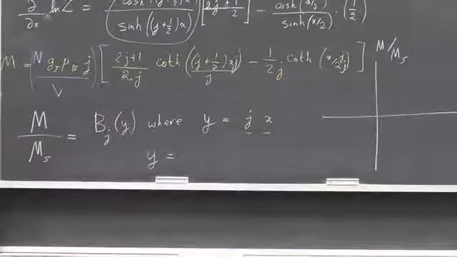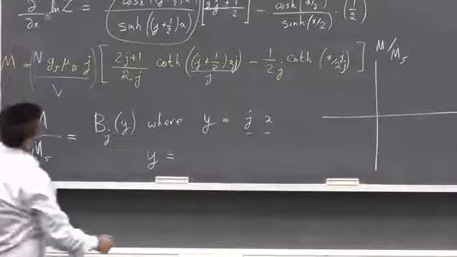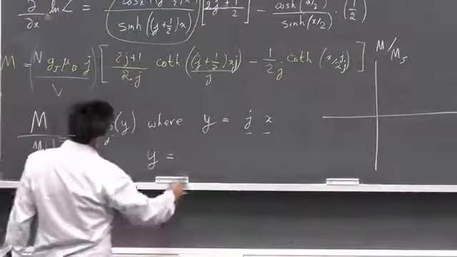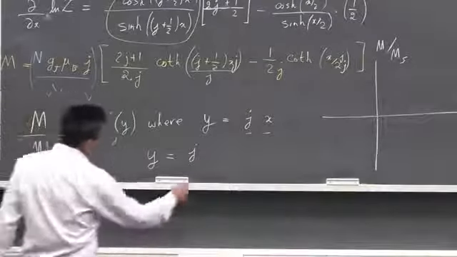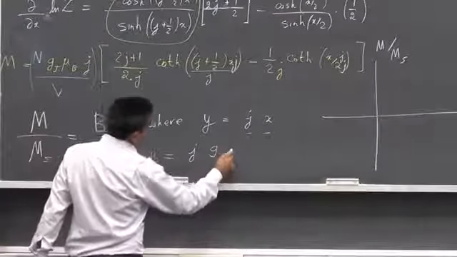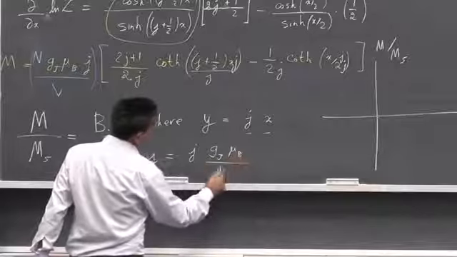This is the same x, gj μB B over kB T. So y is being defined as j times x, and x is nothing but gj μB B over kB T.